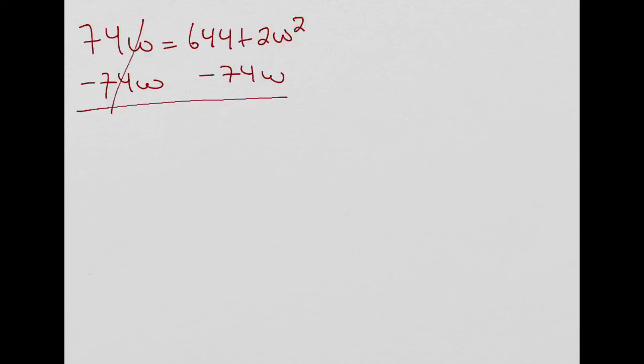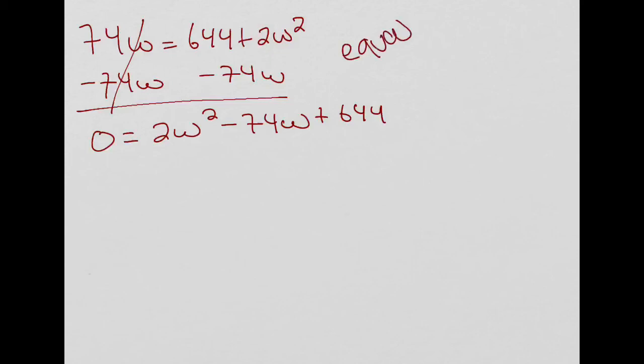At the same time, I'm going to rewrite it in descending order, which means that 2W squared goes first, minus the 74W, plus the 644. Let's just write what I did there. We set it equal to 0 and write in descending order.